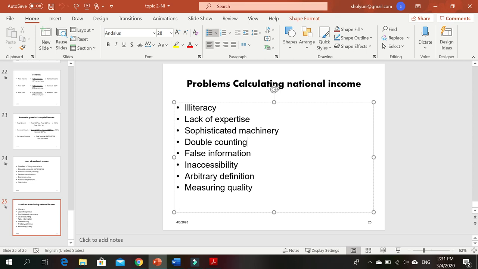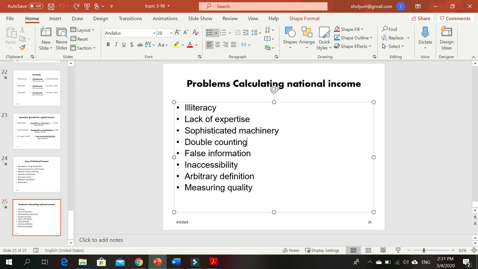Pada banyak lagi orang kata complicated lagi method of calculating dia. Kita cuma bagi tahu a fraction saja. So expert ni mesti ada, so that kita boleh calculate national income. Statistician, orang yang betul-betul layak to calculate national income. Tapi tak semua negara ada.